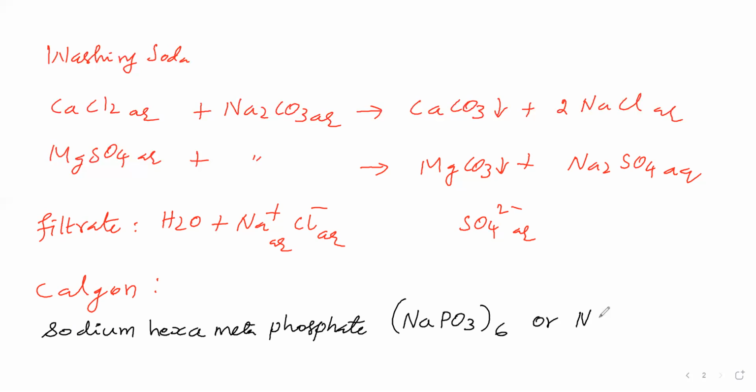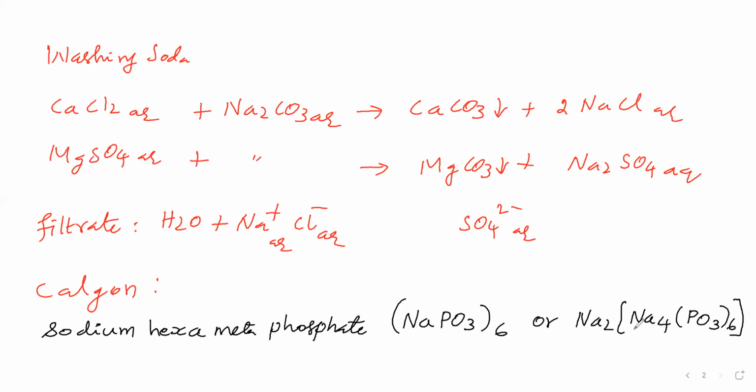What is that complex? Na2[Na4(PO3)6]. Sodium hexametaphosphate exists in the form of this complex. Now, what is the meaning of complex?